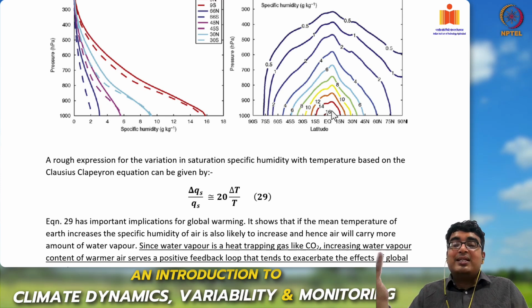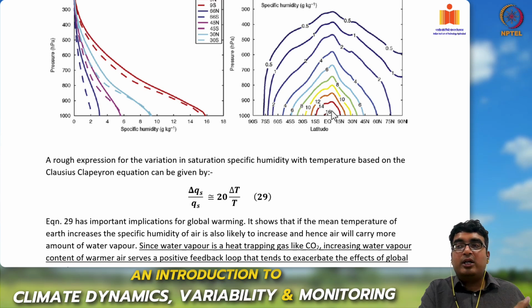Okay, so this is one of the reasons, and I am saying this qualitatively right now. We will see some examples later in the class of how there are complex feedback loops between CO2 emissions, surface temperature rise, and water vapor distribution that impacts the regional rise in temperature and the overall rise in temperature that the earth is currently suffering from.